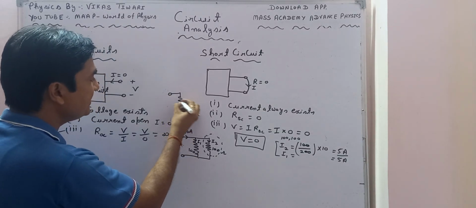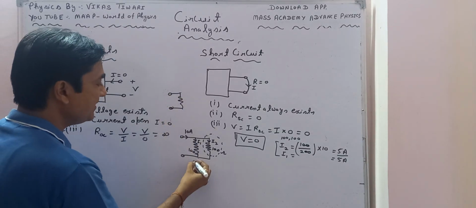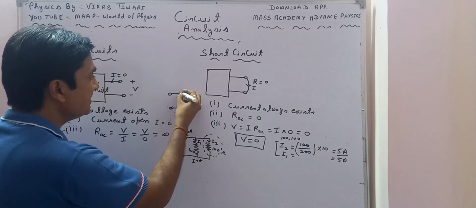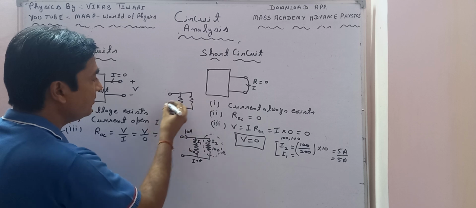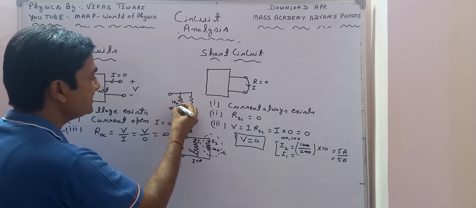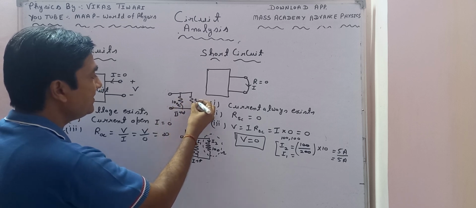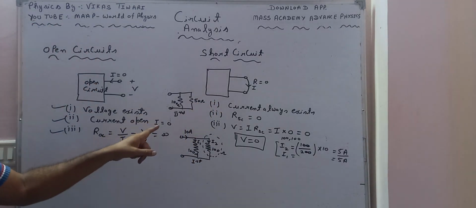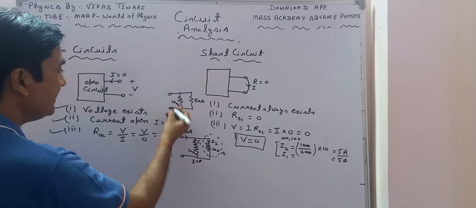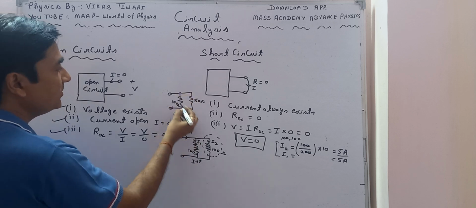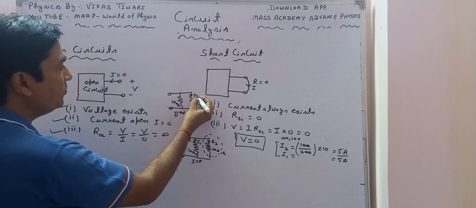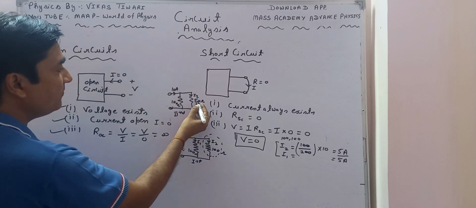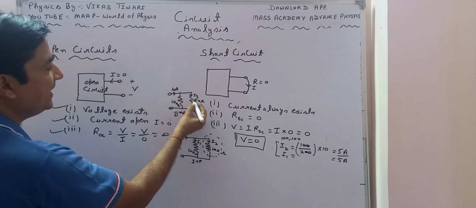Now the second case. This is my first case, and this is my second case. This resistance is 100 ohm, and I will reduce it to 50 ohm. In this second case, to find the value of I2, the same current of 10 ampere is flowing.